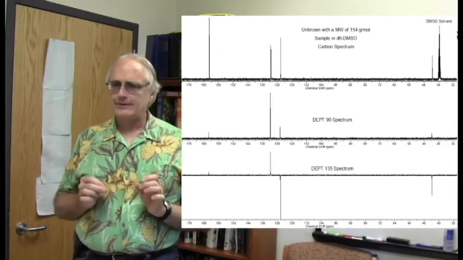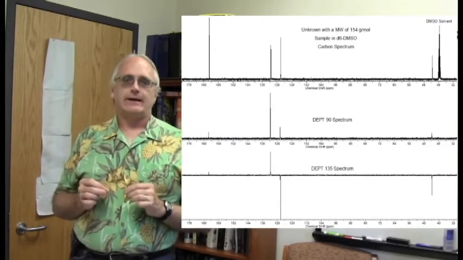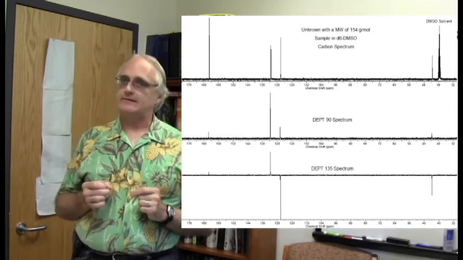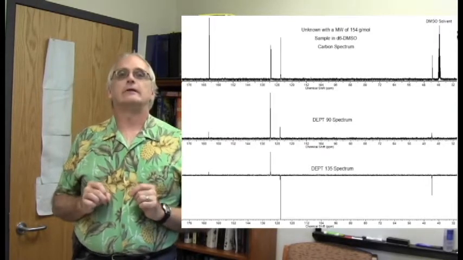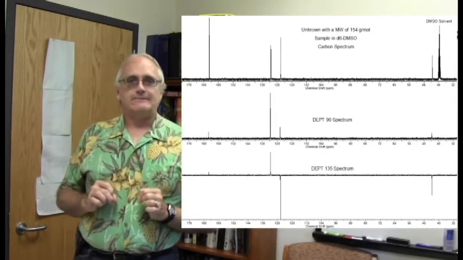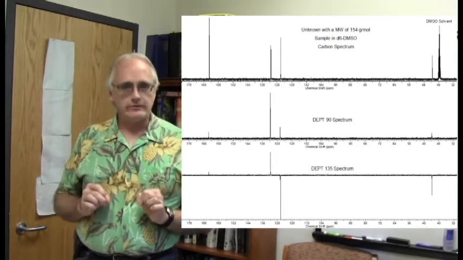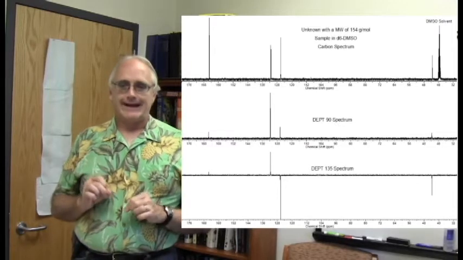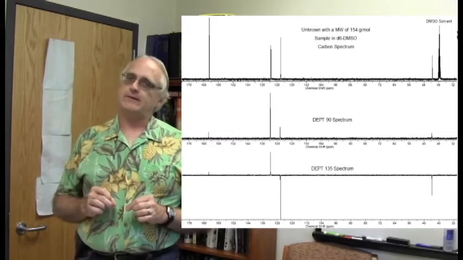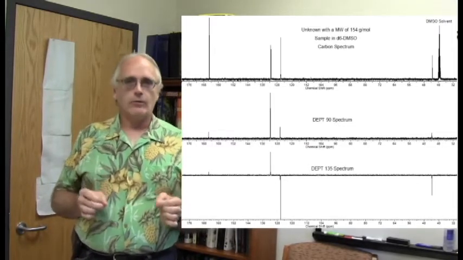We already have a pretty good idea from thinking about a terminal alkene, and there was a CH in here. Here it is. Looking at the DEPT 135 shows us that there are two CH2s in this molecule, and that the carbon out here at 167 ppm is a quaternary carbon.